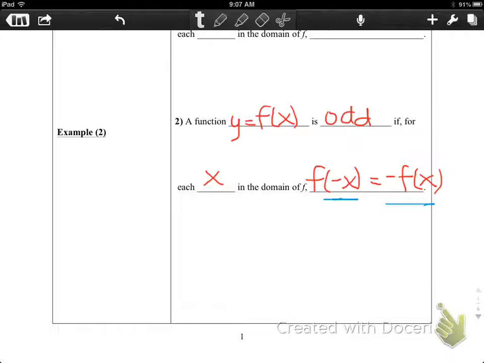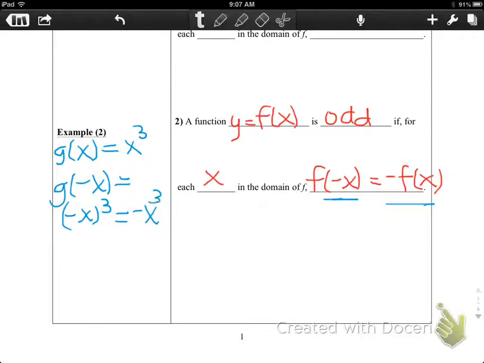Alright, so again, let's look at an example. This time let g of x equals x cubed. I'll keep it simple. Now we have to find what g of negative x is. That's going to be negative x cubed, which is a negative x times a negative x times a negative x, which equals negative x cubed.